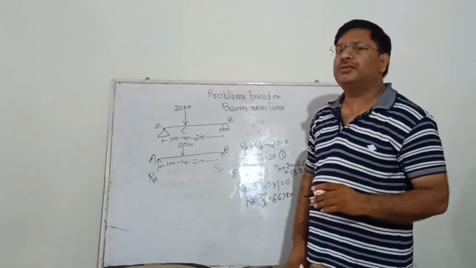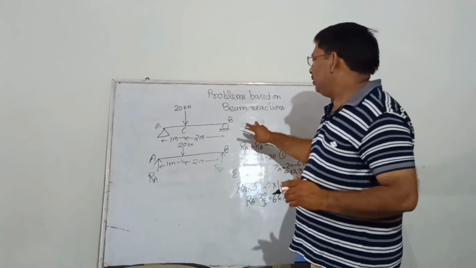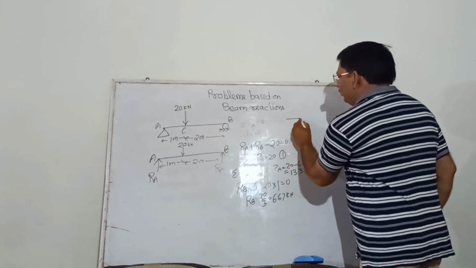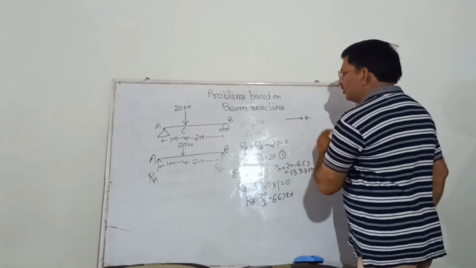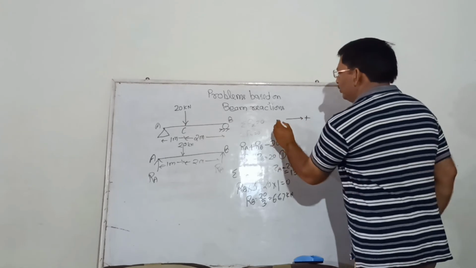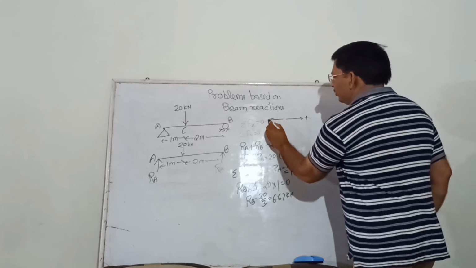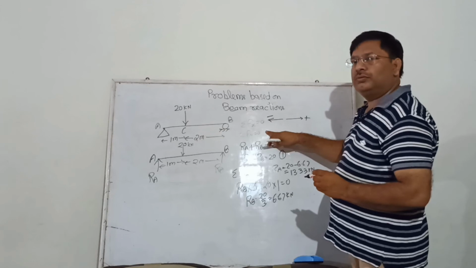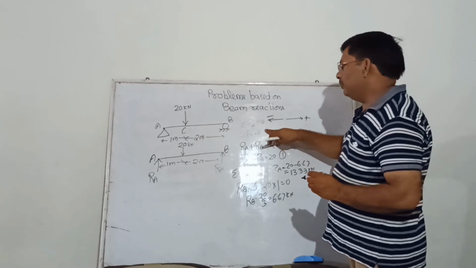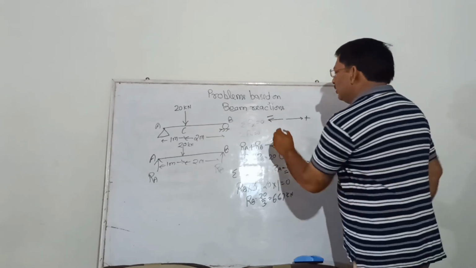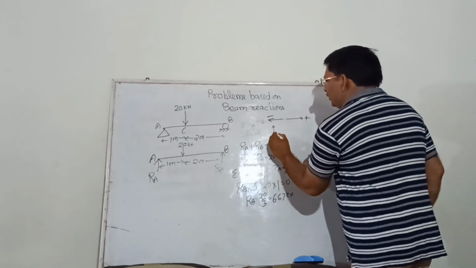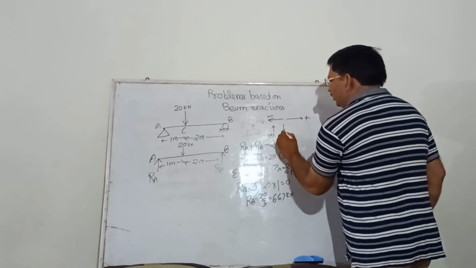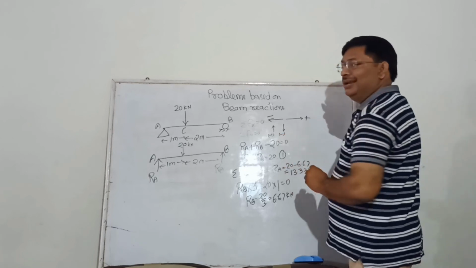Now you must remember the sign convention. When we make equation for sigma Fx equal to 0, the forces acting in positive x direction will be taken as positive, and forces acting in negative x direction will be taken as negative. Similarly, when we make equation for sigma Fy equal to 0, the vertically upward acting forces will be taken as positive, while vertically downward acting forces will be taken as negative.